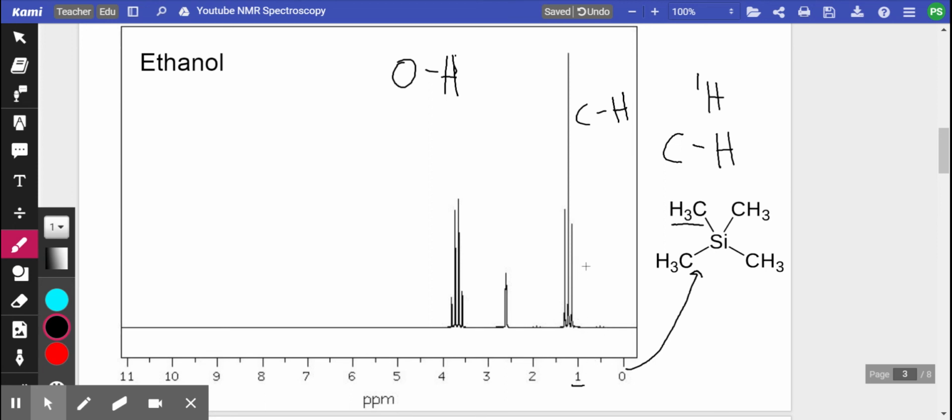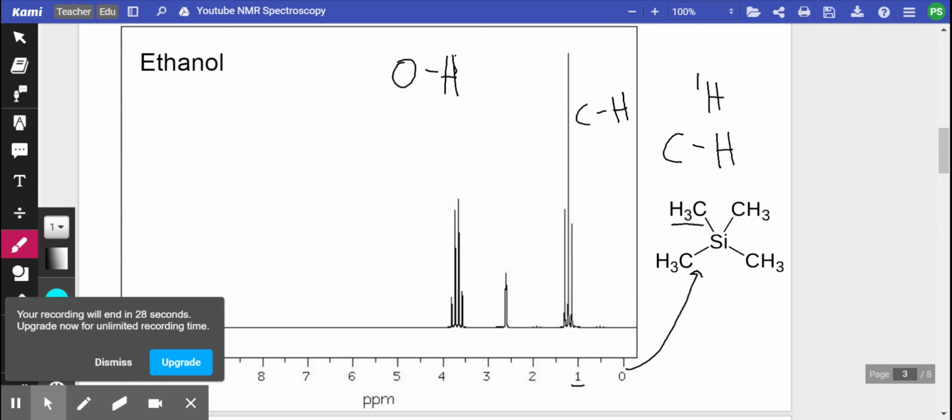So this peak here. However, if you have oxygen bonding to hydrogen, because oxygen is electronegative, it pulls the electrons towards it. So hydrogen is pretty free of electrons. So it experiences the magnetic field as if it was alone. And you need a much weaker field to achieve the resonance state. So you only need 2.5 millionths of the magnetic field required in a CH bond in the reference.